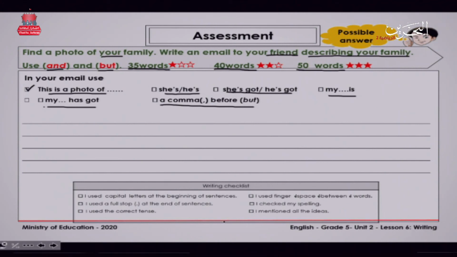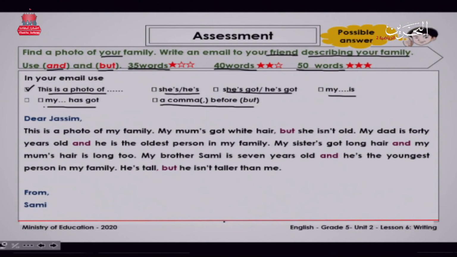Now let's have a look at a possible answer. Dear Jassim, this is a photo of my family. My mom's got white hair, but she isn't old. My dad is 40 years old and he is the oldest person in my family.